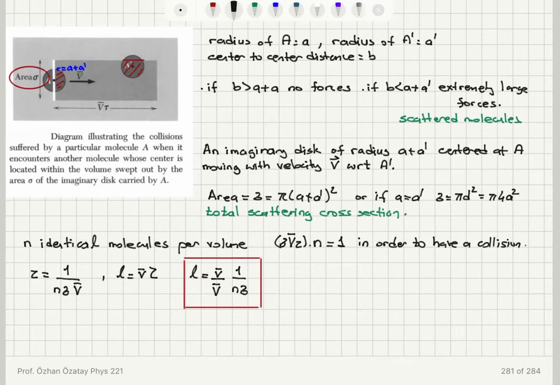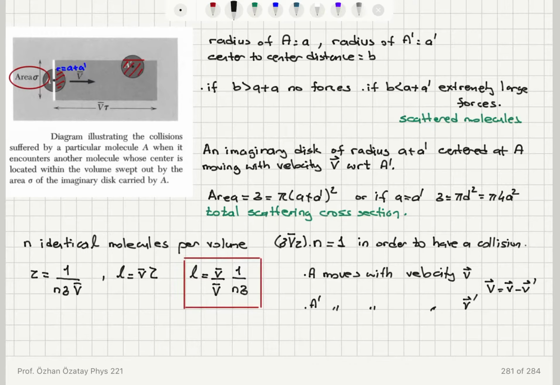Now, let's think about this relative velocity. So let's say that A moves with a velocity v, and let's say that A prime moves with velocity v prime. Then we will have the relative velocity capital V is v minus v prime.